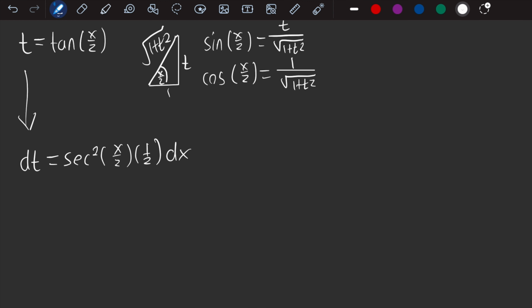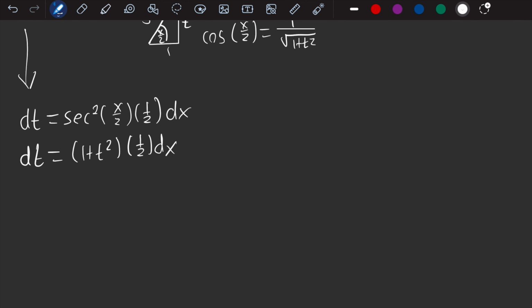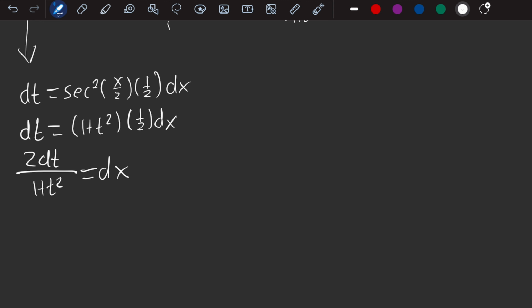And if cosine is 1 divided by the square root of 1 plus t squared, the reciprocal of cosine squared is just going to be 1 plus t squared. And so therefore dt is equal to 1 plus t squared times 1/2 dx. Getting dx by itself, we find that 2 dt divided by 1 plus t squared is equal to dx. So we found dx in terms of t. That's one part of our substitution.